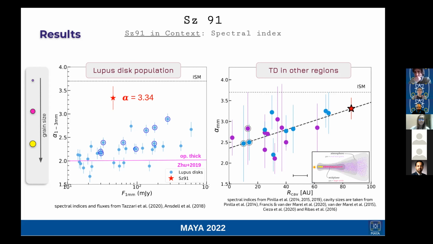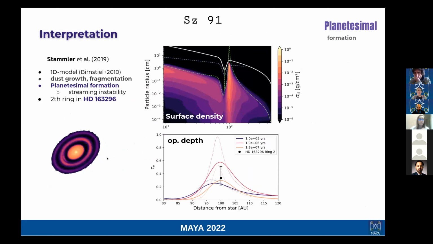In that case, the maximum grain size will also scale with the gas surface density, which decreases with radial distance. So you can see here that TRAS-91 perfectly fits this relationship, and that is also in line with what we found here, where most probably the difference in the spectral index is because these sources are mostly very small disks and probably optically thick.